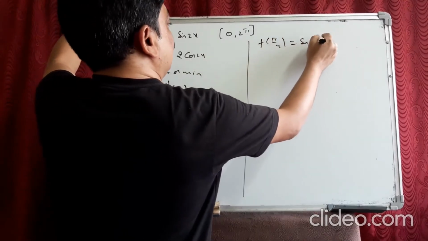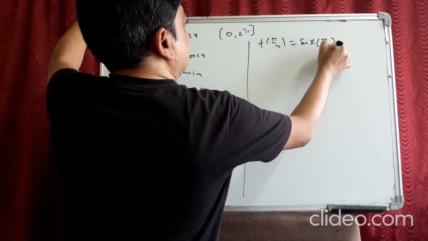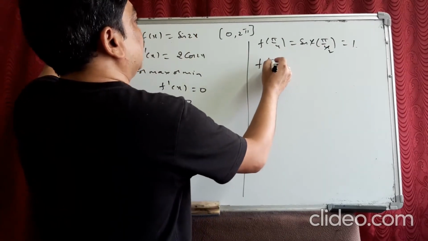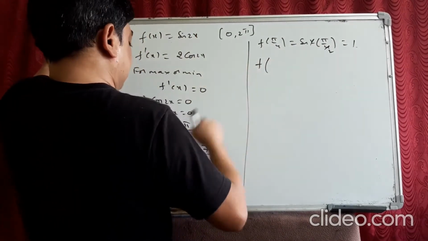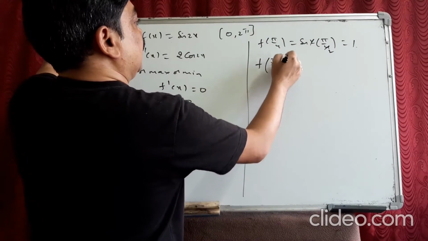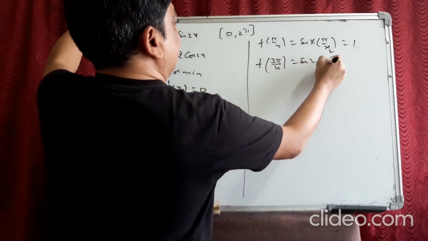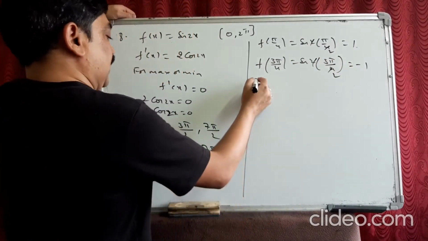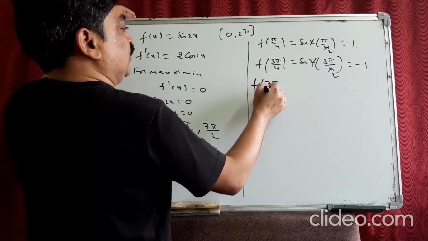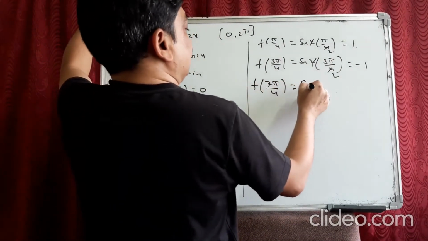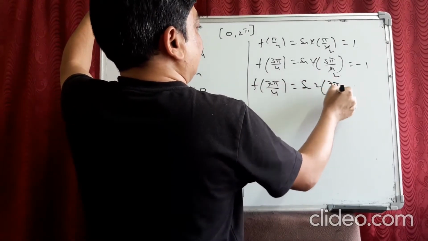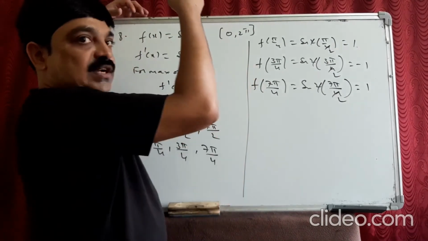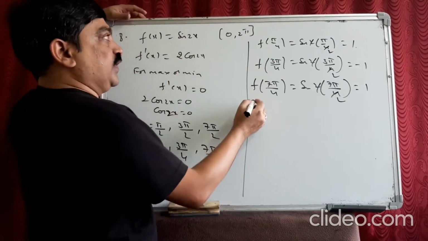First of all, f(pi by 4): sin 2 into pi by 4, sin 90, it is 1. And f(3 pi by 4): sin 2 into 3 pi by 4 becomes sin 3 pi by 2, minus 1. And f(7 pi by 4): sin 2 into 7 pi by 4, 7 pi by 2, it is again 1 because it comes at the end of the first quadrant.